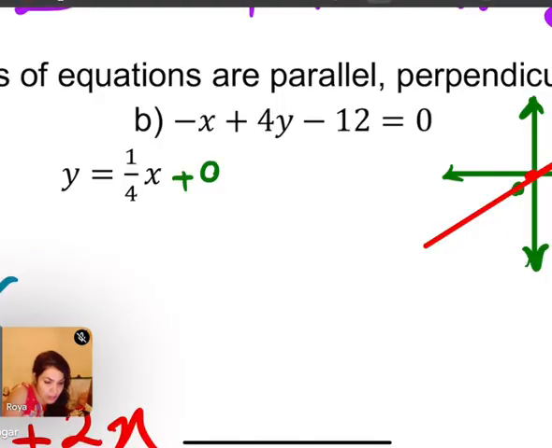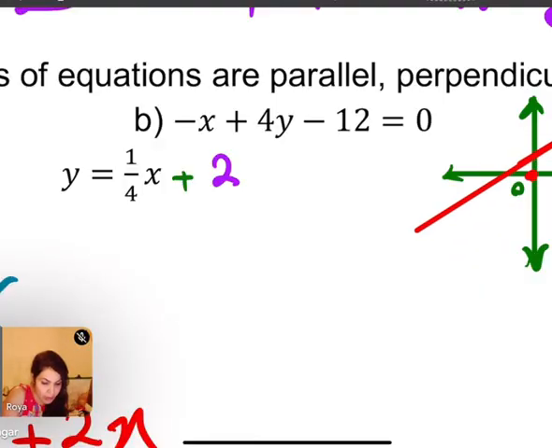If y-intercept was, for example, 2, this line moved 2 units up, okay, like here.